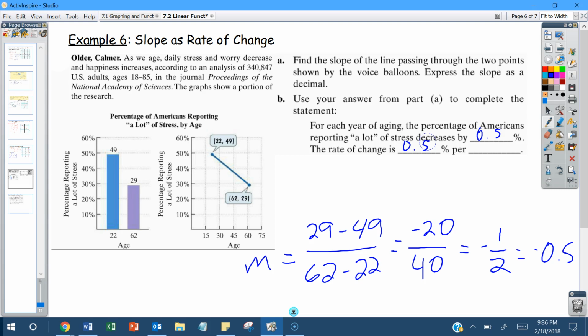It's 0.5% per year of age. I'm just going to say per year, since we're talking about age. So for each year in your life, the percentage of Americans reporting stress goes down by 0.5%. I guess as the population gets older, they get less stressed by 0.5% each year or something like that. So we'd interpret that slope as some kind of rate of change of this per that, because it's a fraction.